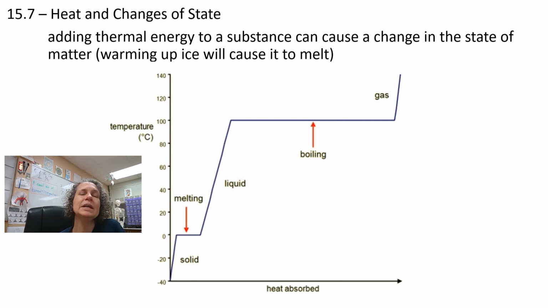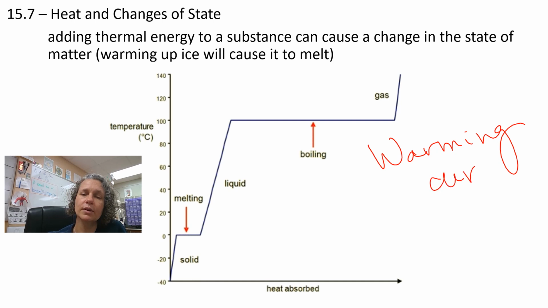All right, so then a little bit on heat and changes of state. So changing like from a solid to a liquid. So this graph is called a warming curve. And as you can see, and again, you know this, we're talking about water here, if you're anywhere below 0 degrees Celsius, water is a solid.